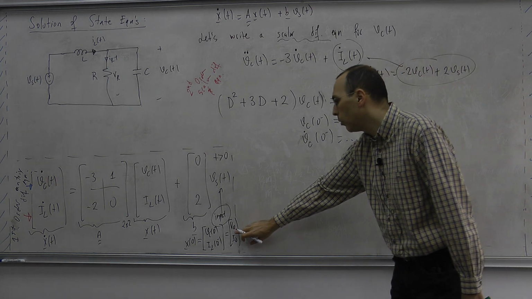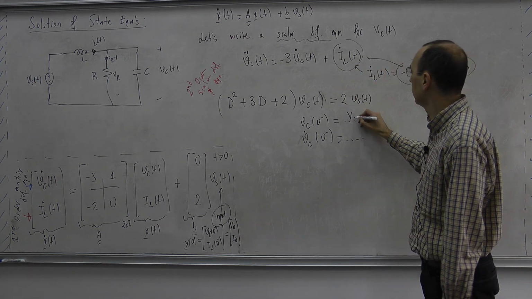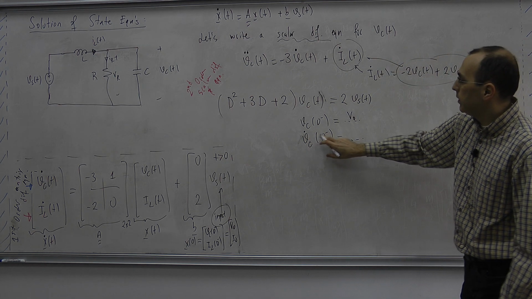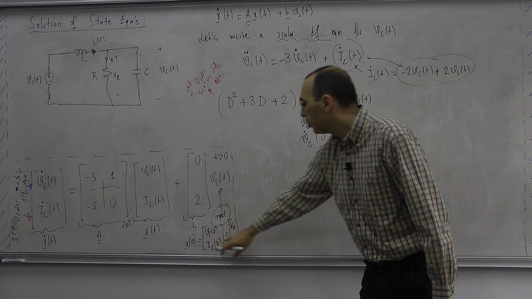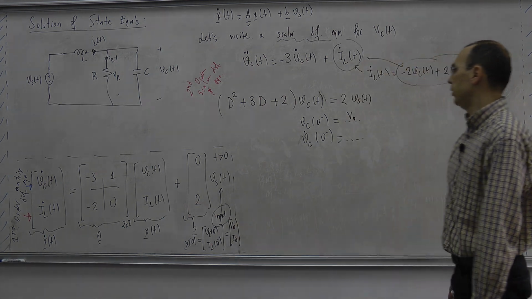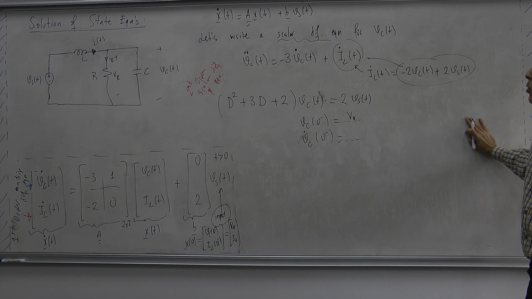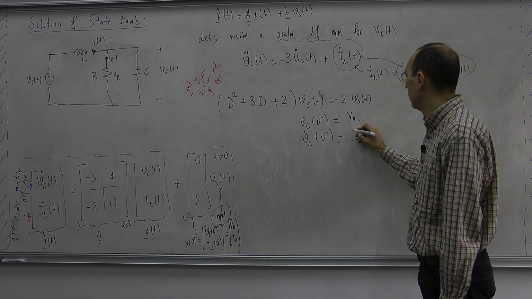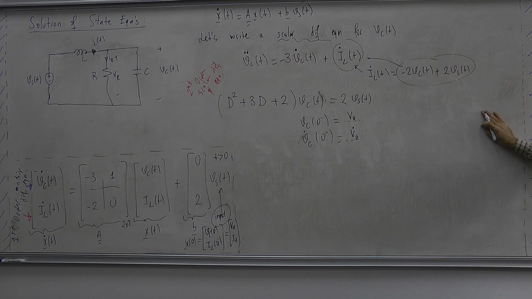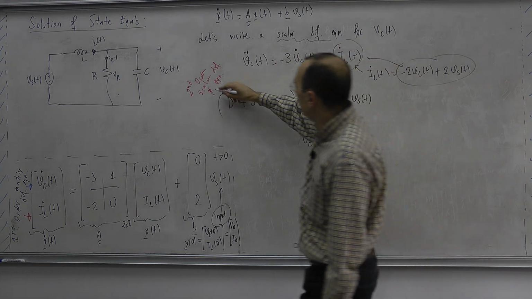How can I do that? Well, V naught is already given to me. And the rate of change of Vc at 0 minus, I can also calculate that. It's not a big deal. I can calculate it in terms of these initial conditions. But let's not focus on that. Let's assume that this is V naught rate of change. Let's show it like that. Another numerical value has been given to us. So that is the end.